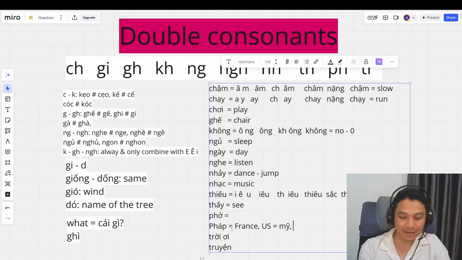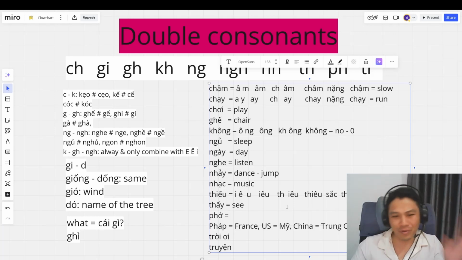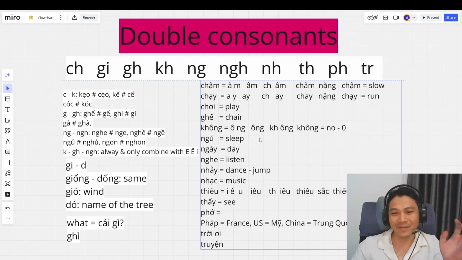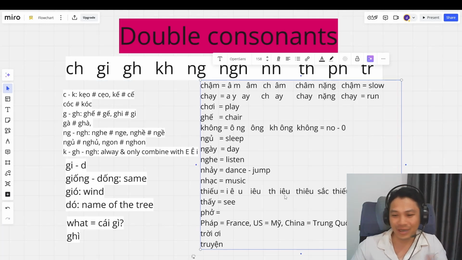Or China is gonna be Trung Quốc, right? Or yes, many more. And if you want to know that, let me know in the lesson, or you can comment anything.